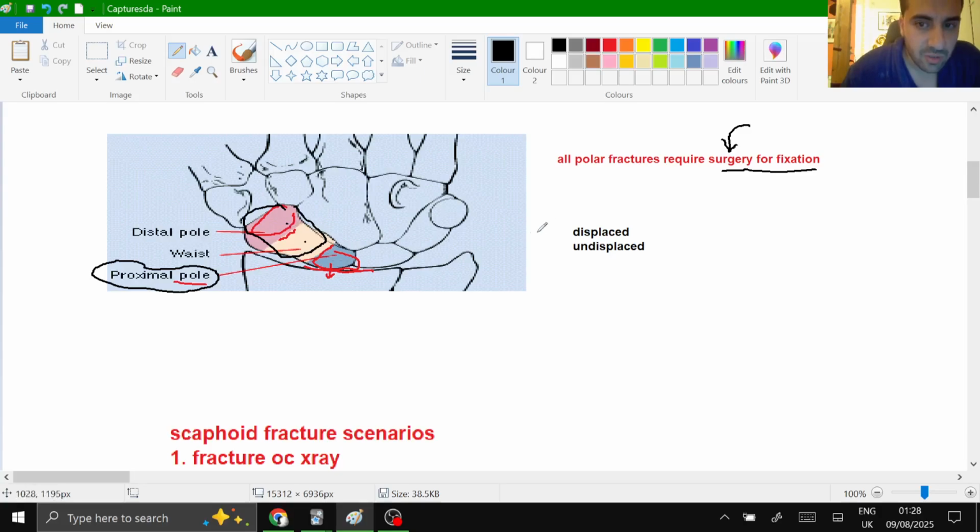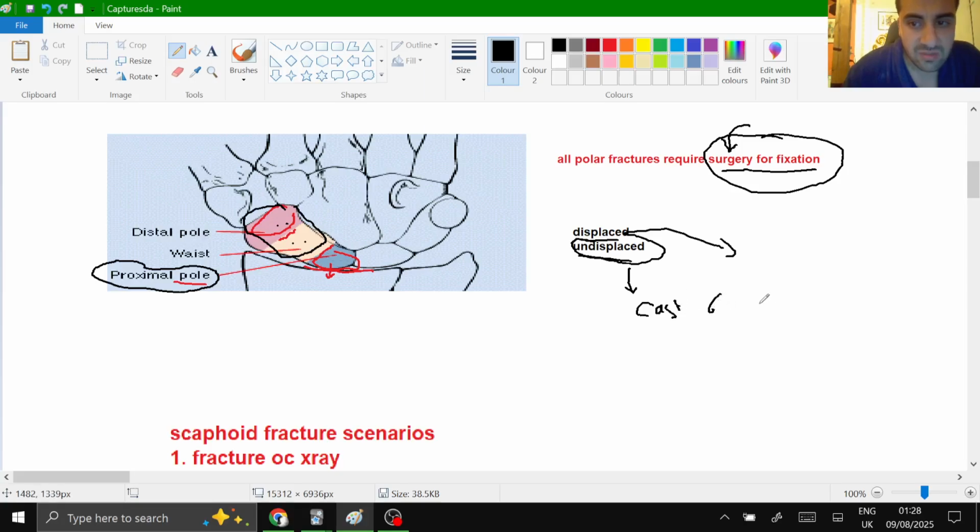If the fractured bone is displaced, it has moved away, then the answer is fixation surgery. If the fracture in the waist or the distal bone is undisplaced, then the answer is cast for 6 weeks.